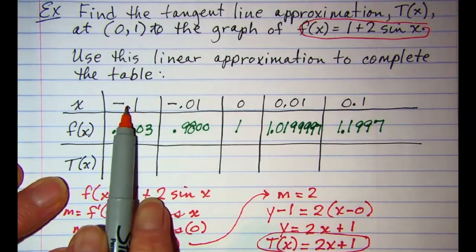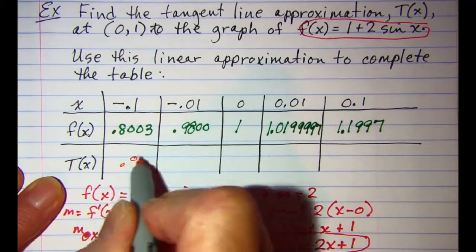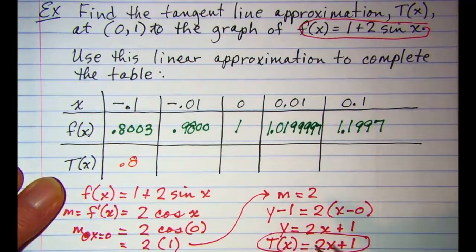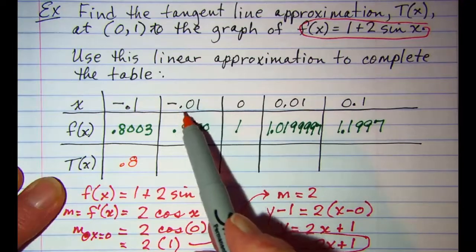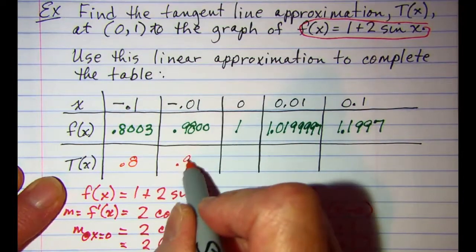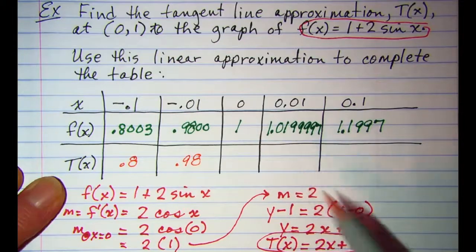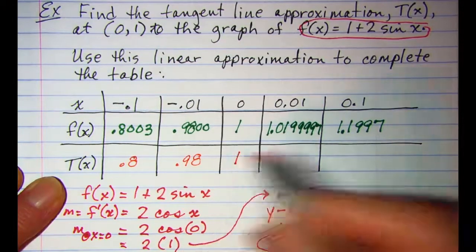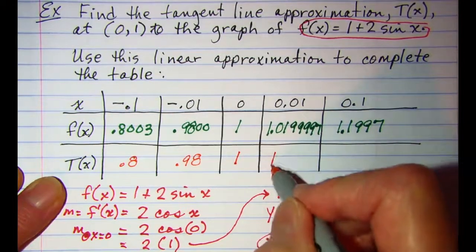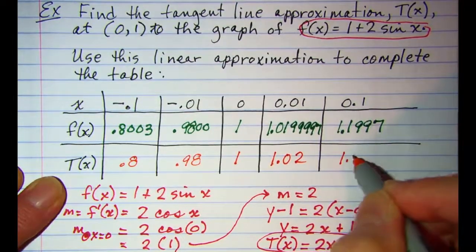When we put negative 0.1 into our tangent line equation, we get 0.8. When we put negative 0.01, we get 0.98. When we put 0 in, we get 1, and then 1.02 and 1.2.